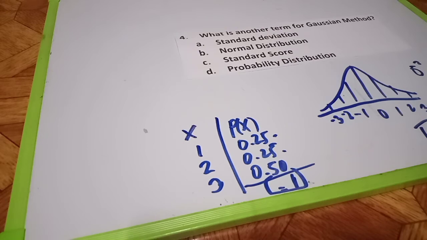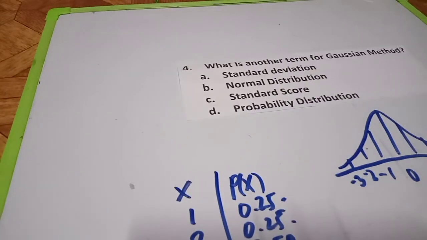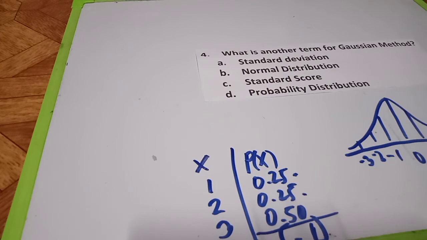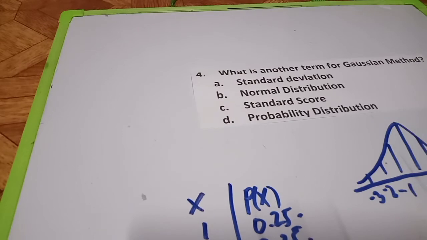Assuming another example of a probability distribution, like head and tail, tail and head, tail and tail, and head and head. That will be considered a probability distribution.